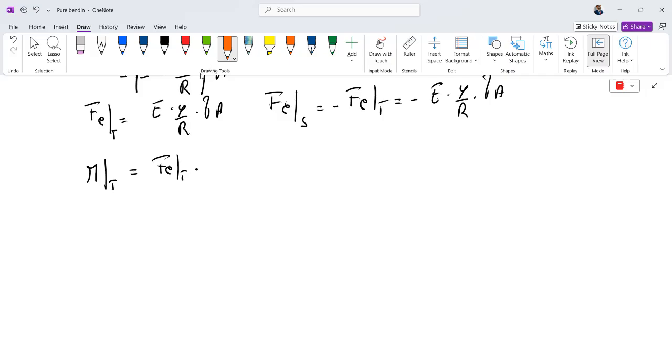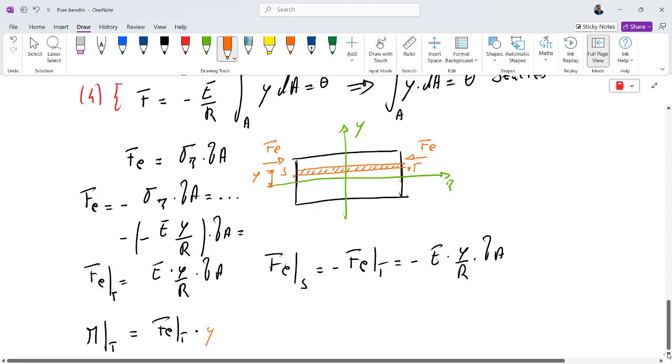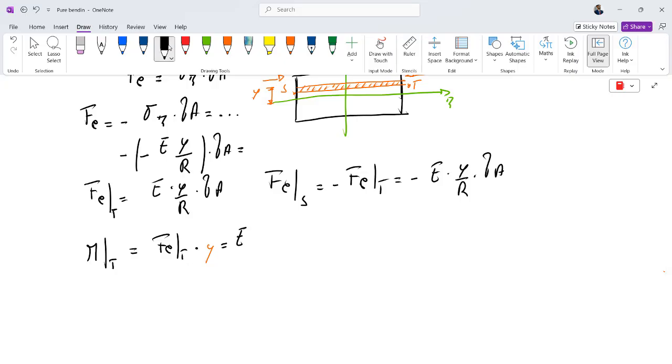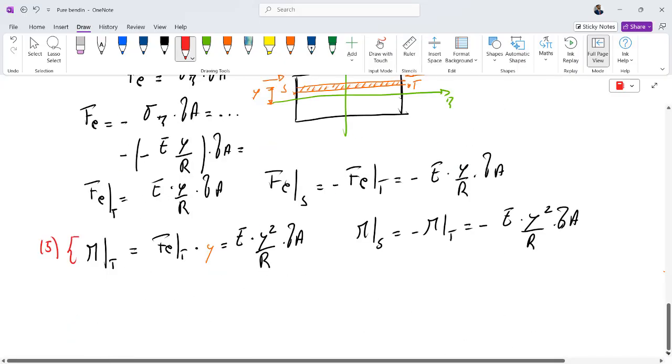Y is positive because it is in the positive y direction, and we obtain the Young modulus times y squared divided by the radius times delta A. The moment on the S side is equal to minus the moment on the T side, so it is minus E times y squared over the radius times delta A. So we have this other important equation, the fifth equation, for M_T and M_S.